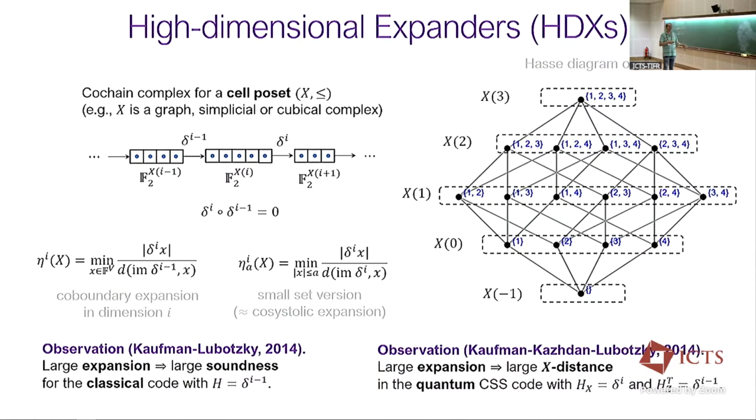In one of them they showed that large expansion is related to the soundness parameter of locally testable codes. In another paper they also very briefly mentioned that there is a connection with quantum codes.